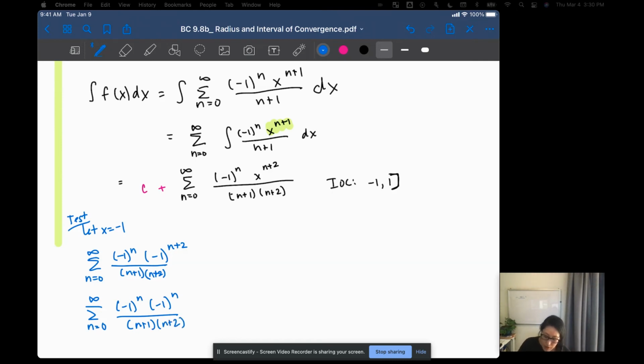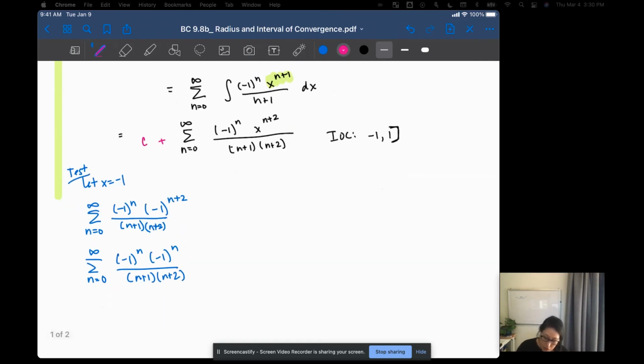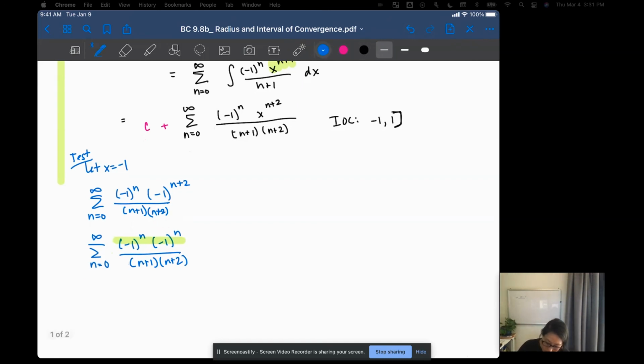What I notice is that the numerator is really the same thing, it's to the 2n. So I'm either going to get a negative times a negative, or a positive times a positive. So no matter what, I'm going to end up with +1 in the numerator over n plus 1 times n plus 2.